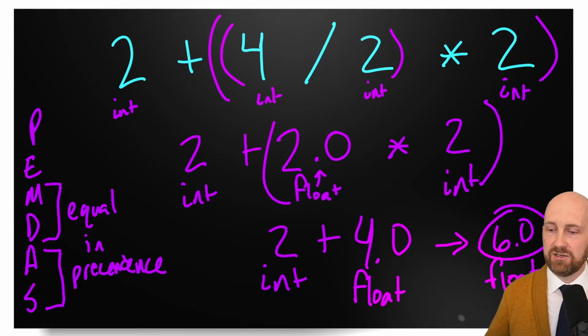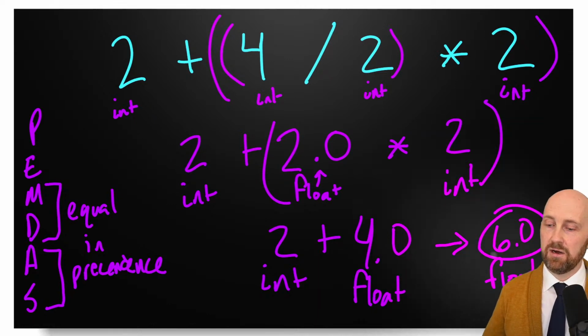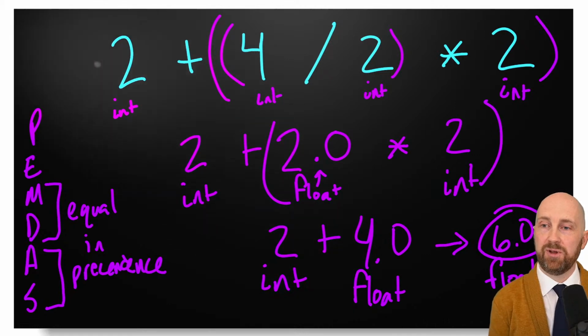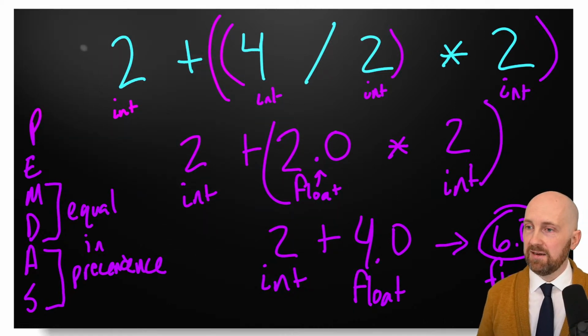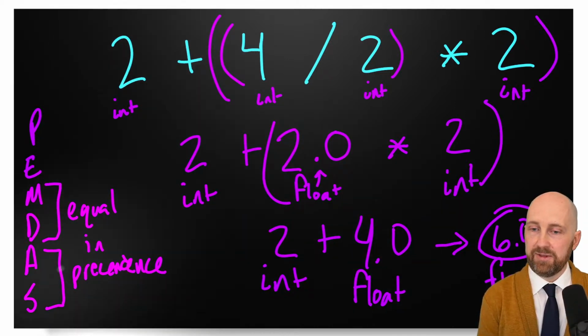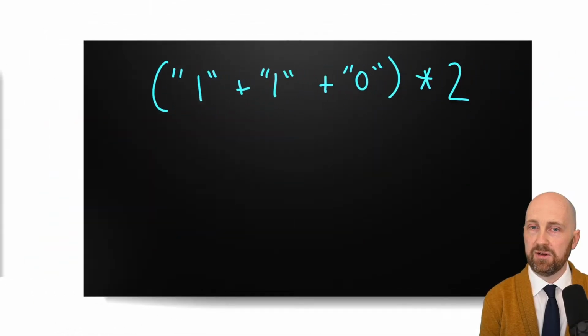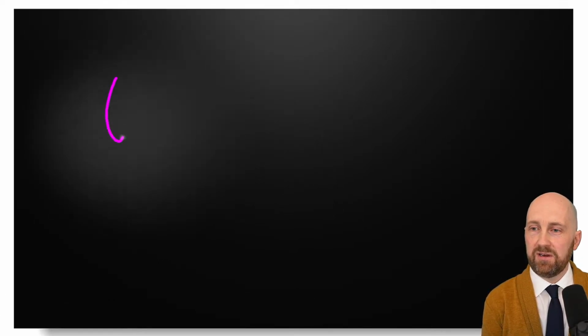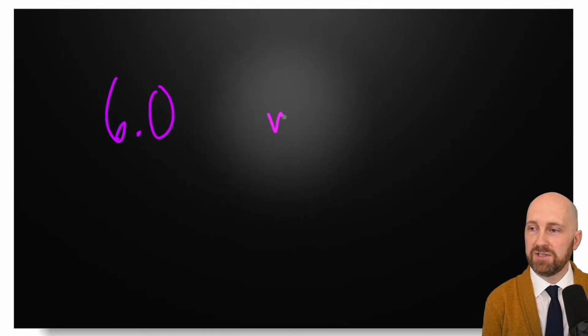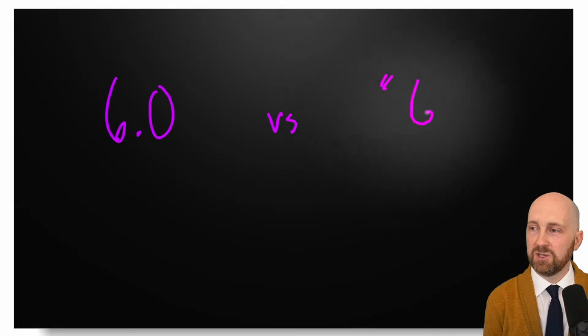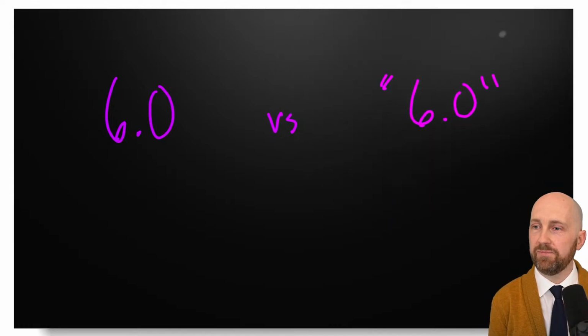Looks like I think I just answered it. The answer is 6.0, but there's a question of why is it not 6.0 with quotes? Let me try and tackle that real quickly in another slide. So let me go one more over. What's the difference between 6.0 versus quotes 6.0, right?